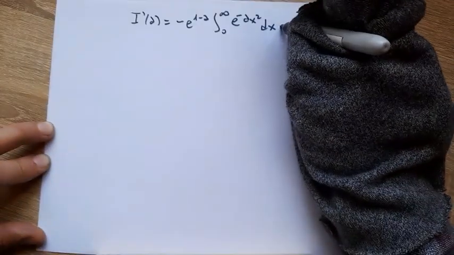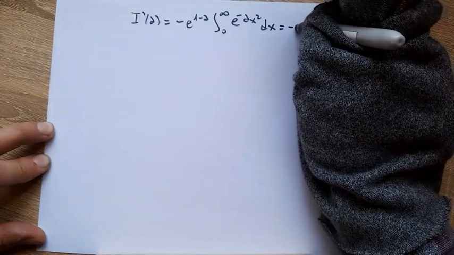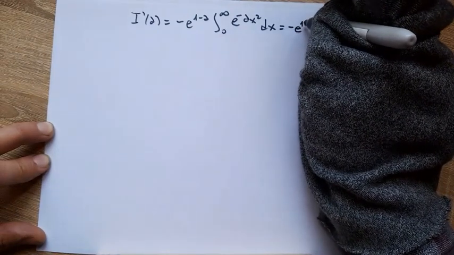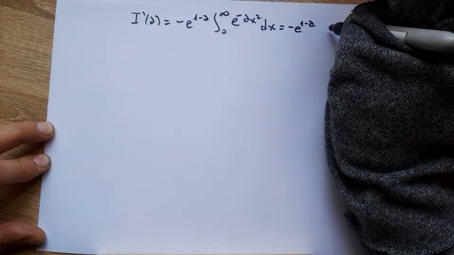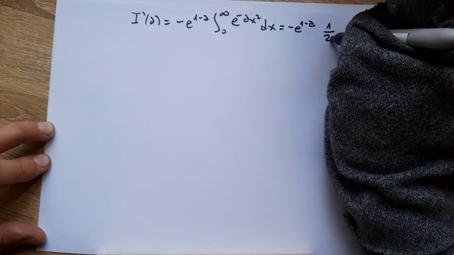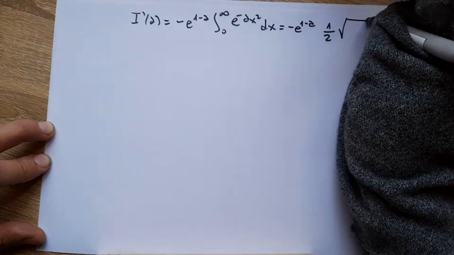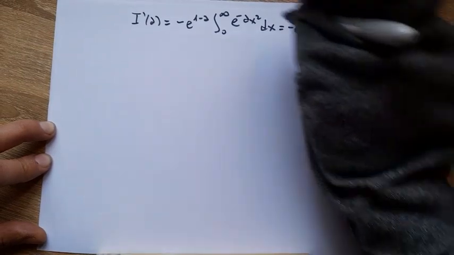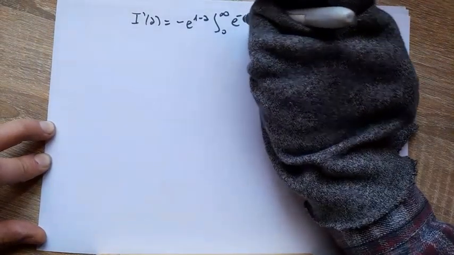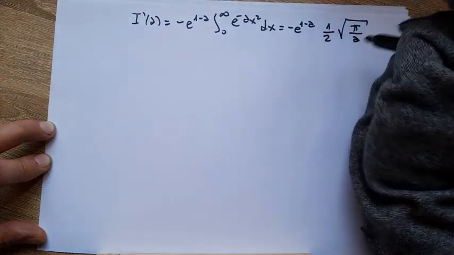So the result is minus e to the 1 minus a, and the result of the Gaussian integral is 1/2 square root of pi over the factor that goes in the exponent, a.